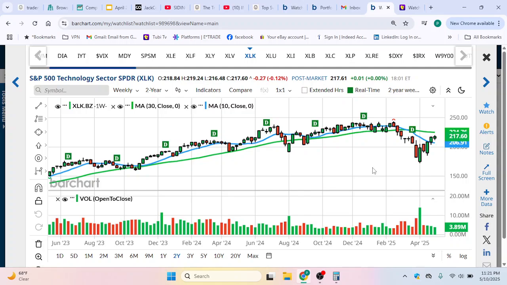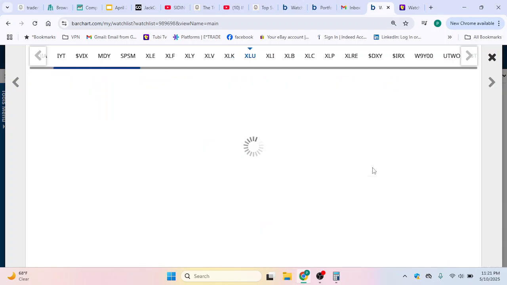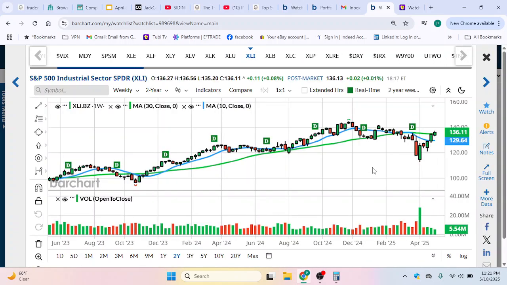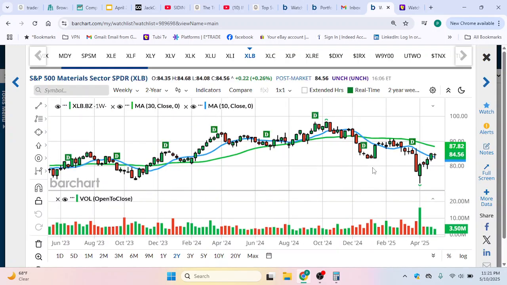The technology sector has basically followed the market, or even led the market down, and then led this rally up. Utilities have been in a sideways trend for quite a long time. The industrial sector has performed similar to the overall market. The materials sector is still in a significant downtrend.